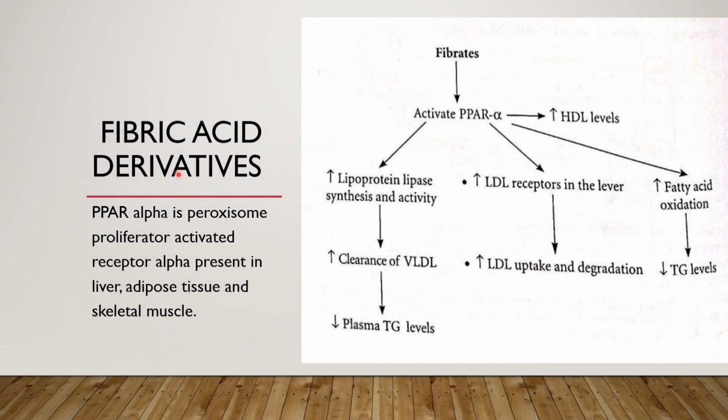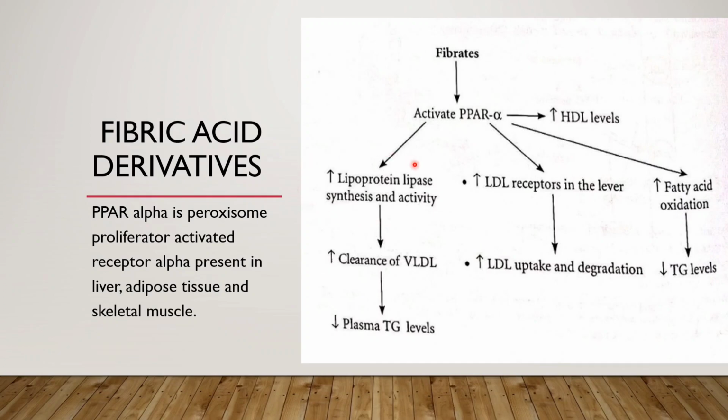Fibric acid derivatives. Fibrates activate PPAR alpha, that is peroxisome proliferator activated receptor alpha. It is present in liver, adipose tissue and skeletal muscles. So when there is activation of PPAR alpha, there is an increase in HDL levels. There is an increase in lipoprotein lipase synthesis and its activity.